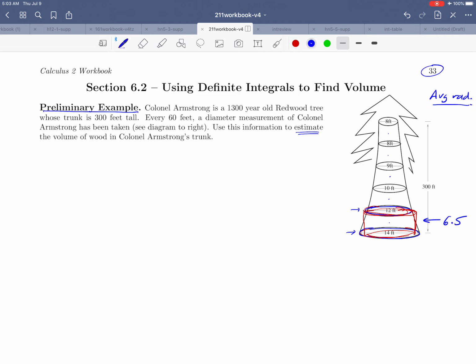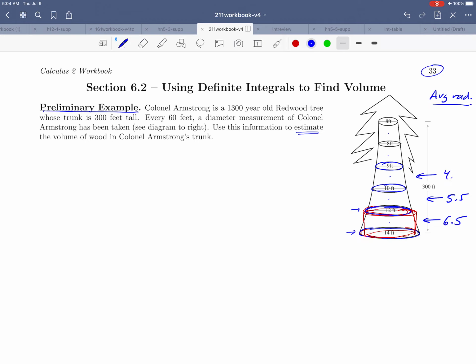Now we're going to just do the same thing as we move up our tree. Moving to the next piece here, at the top we have a radius of 5, and at the bottom we have a radius of 6. So halfway in between would be an overall average radius of 5.5. We're just going to keep doing that. Here, radius of 4.5 at the top and 5 at the bottom.